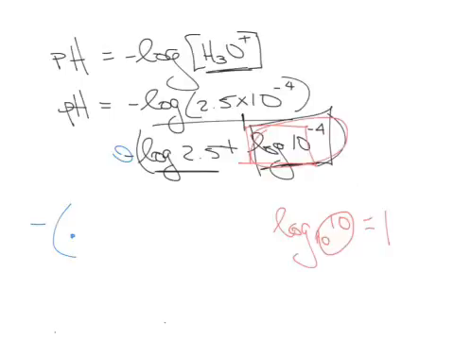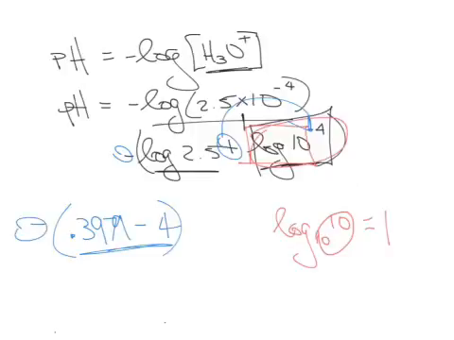So log of 2.5 is 0.3979, and then this is going to be a net minus 4 because I've got a plus negative 4 there. So now I'm going to subtract that and get a negative, and then a negative and a negative would give me my positive 3.6. And that pH is an estimate there, it's not a guarantee.